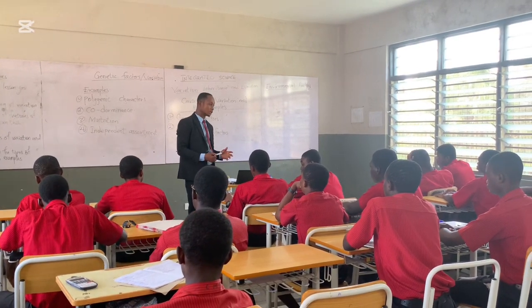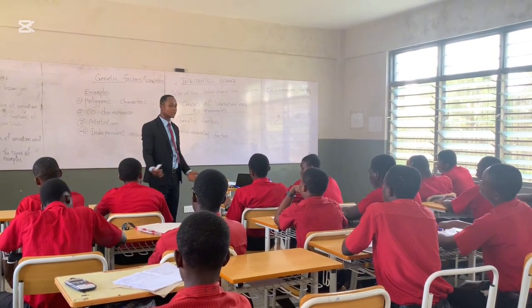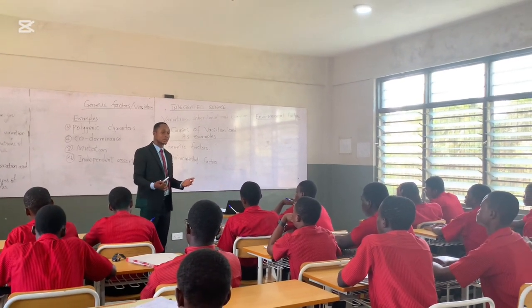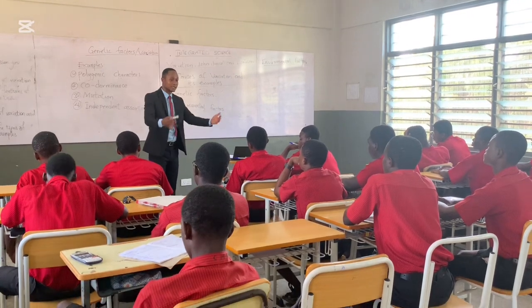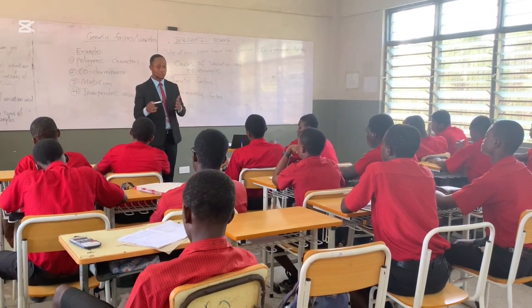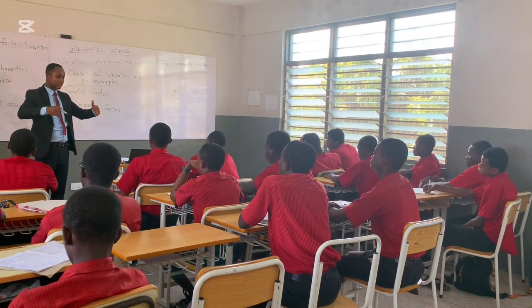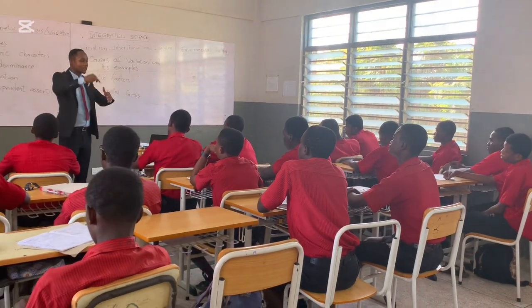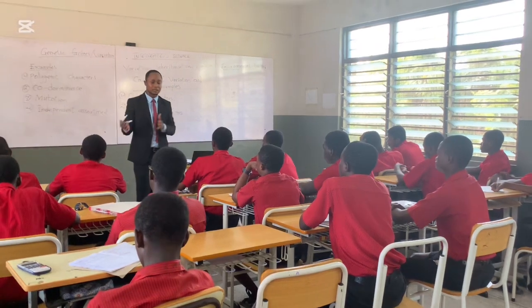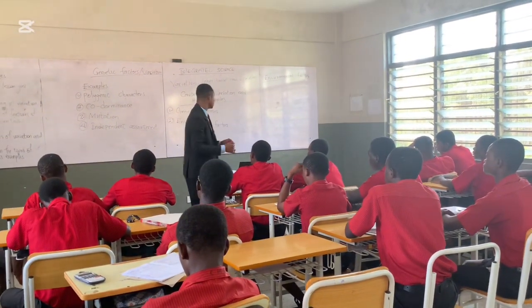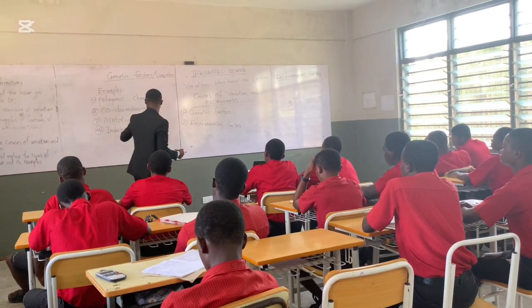Very good. You get it? They are external conditions or factors that influence the organism, which bring differences between organisms from the same species. It is external, not inside. Is that clear? Good.